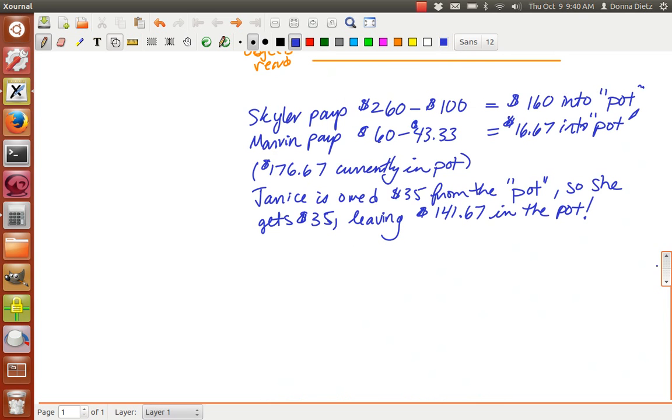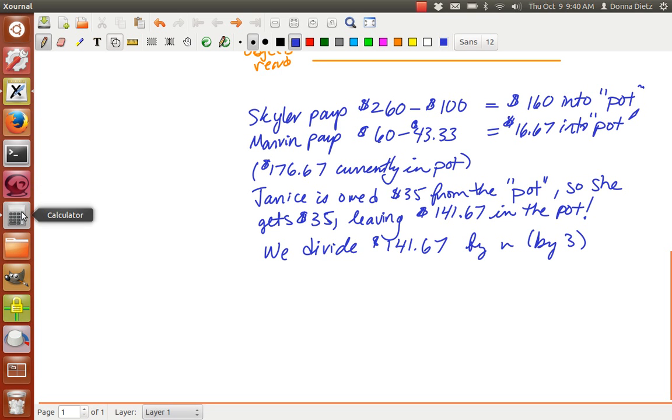What we're going to do is we divide the leftover pot by, guess what? By n, in this case by 3, and we give that money back to everybody.